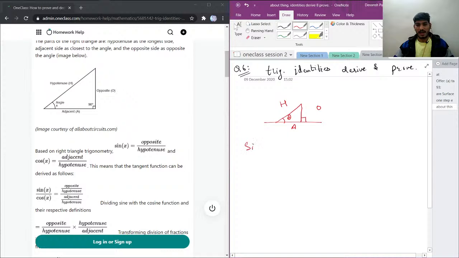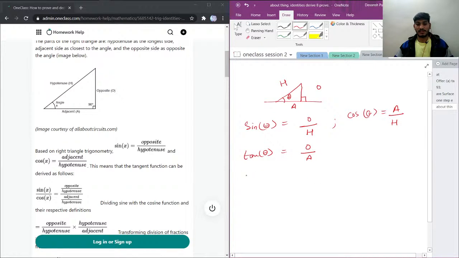So my sine of theta is going to be opposite side over hypotenuse. My cosine of theta is going to be adjacent side over hypotenuse, and my tangent of theta is opposite over adjacent.